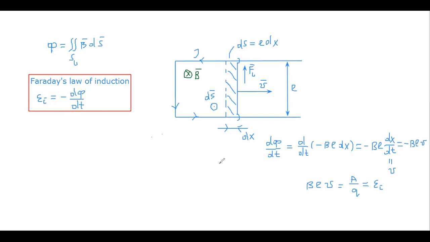For example, in a water power plant or a wind power plant, there are circuits that have form of conductive frames, and these frames rotate in magnetic field, and because of this rotation there is a change in magnetic flux, and this change in magnetic flux generates electric energy.